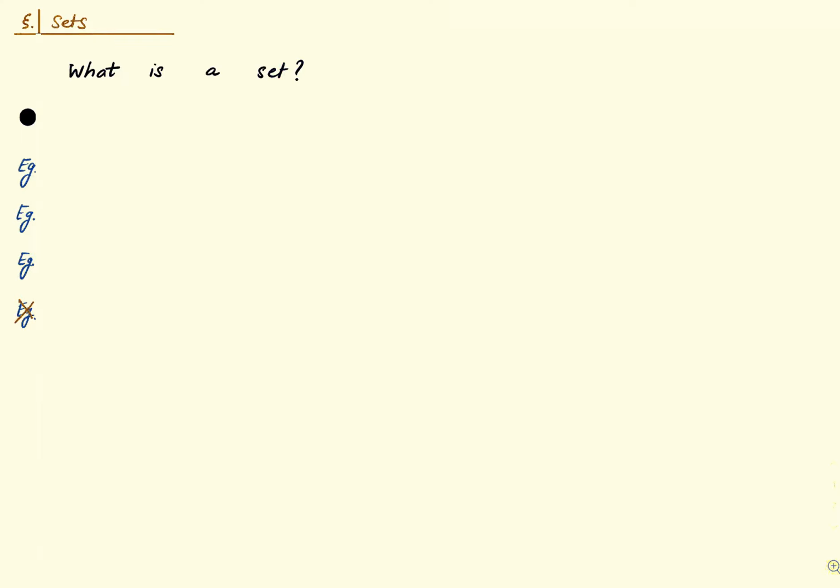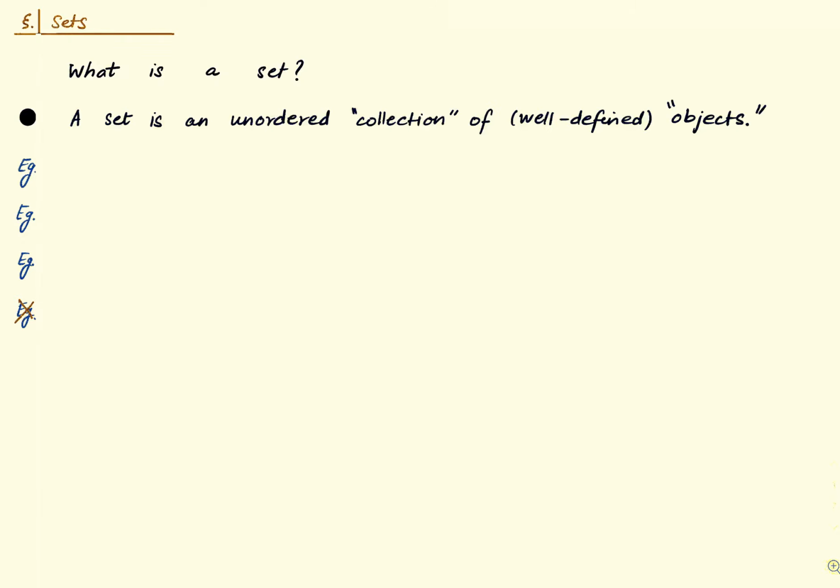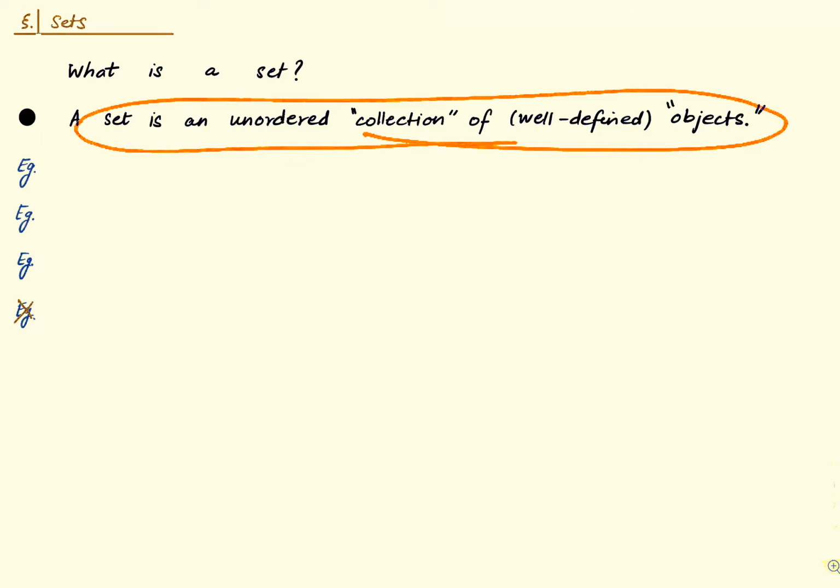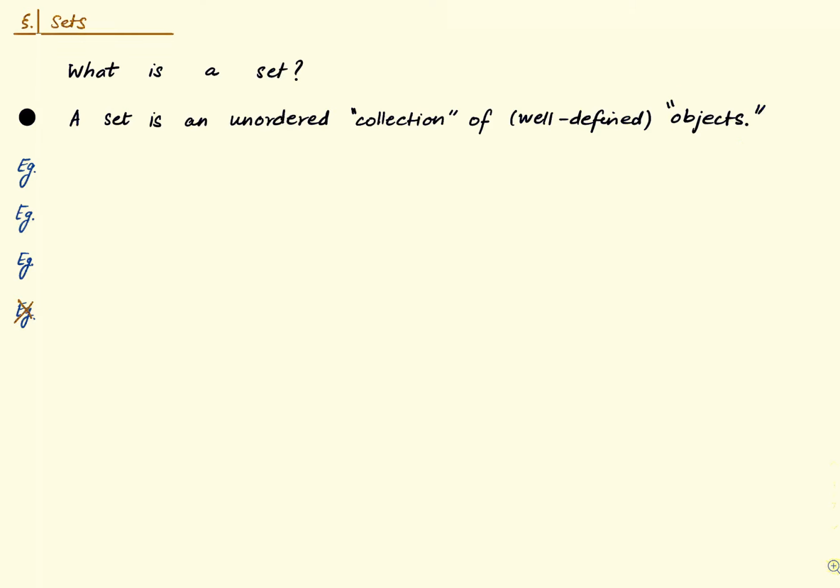Right now, it is enough to have an informal definition, which is that a set is an unordered collection, quote-unquote collection, of well-defined, whatever that means, objects. So we were trying to define a set, and we have a sentence which has more undefined things than the thing that we were trying to define. But still it hints to something.